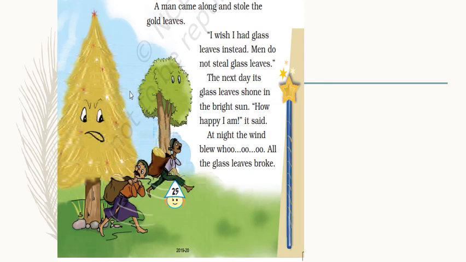Oh, but again, soon its happiness turned into sadness. It was disappointed because at night the wind blew and its glass leaves were all broken, and it became sad again.